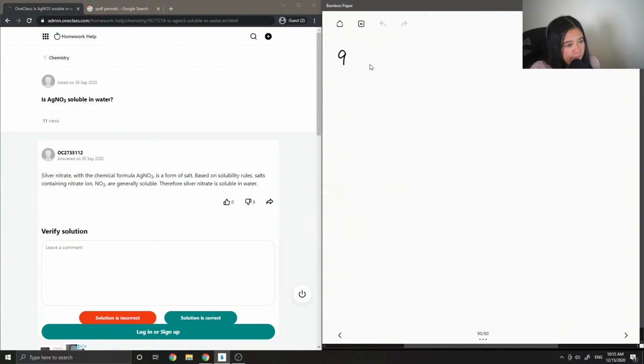Okay, so question 9: is silver nitrate soluble in water? To answer this question, let's first look at the solubility rules.